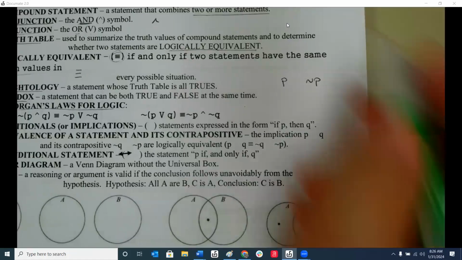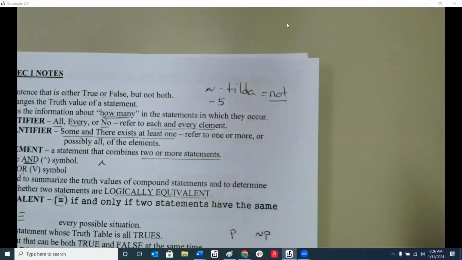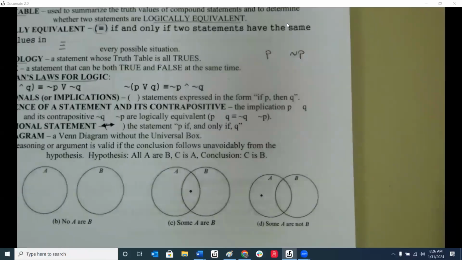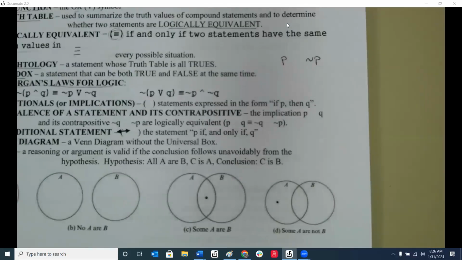Not P. Whenever you see that little tilde, you read it as not. So this means not P. A paradox could be P and not P. They both occur at the same time.